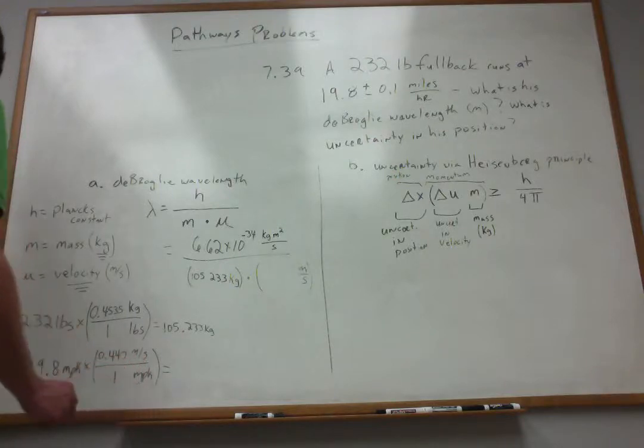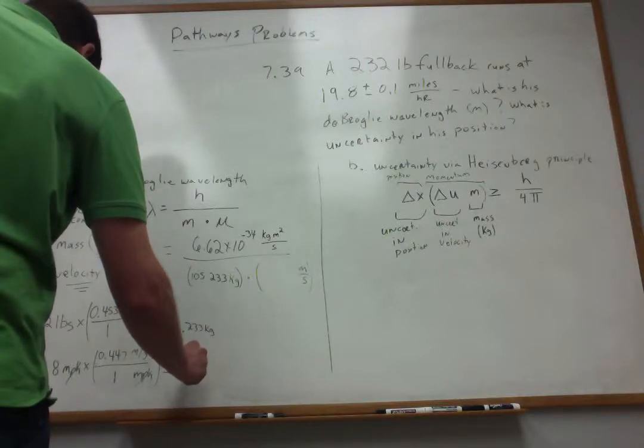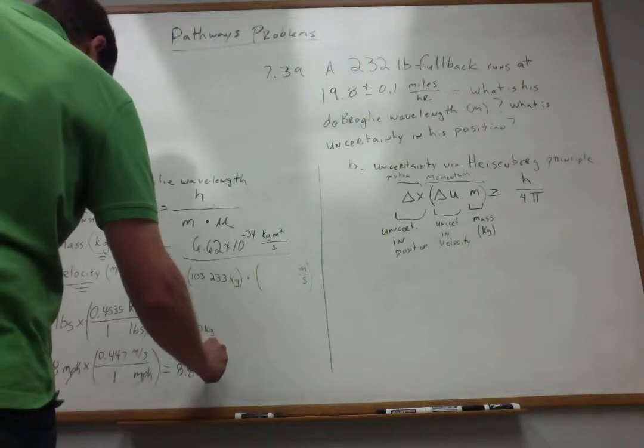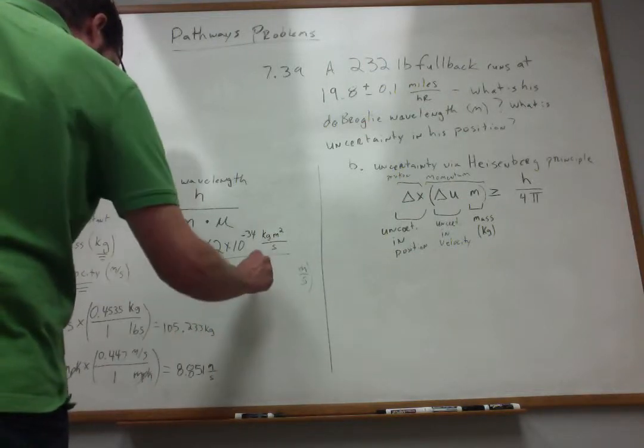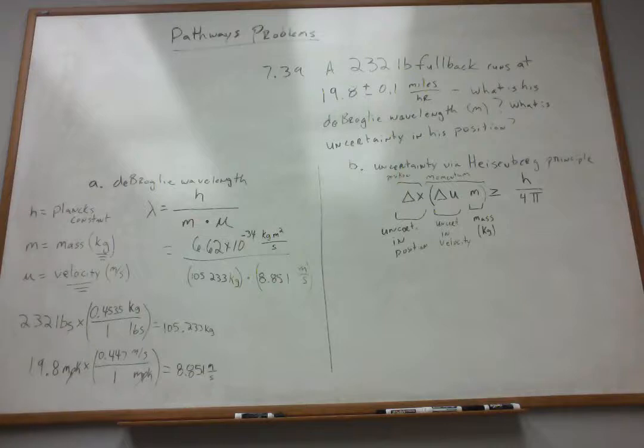Miles per hour cancel, and we quickly figure out that 8.851 meters per second is this football player's velocity. So boy, he's moving pretty quick, right? 8.8 meters per second, almost 20 miles per hour. So I hope when we run into him, his de Broglie wavelength has him in a node, right? Wave humor there, I guess.